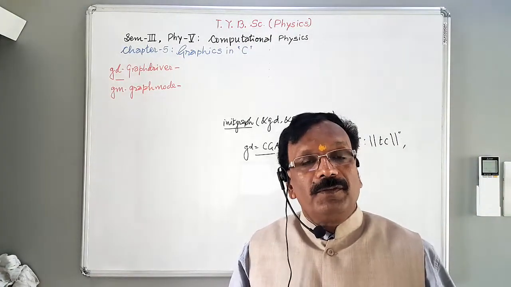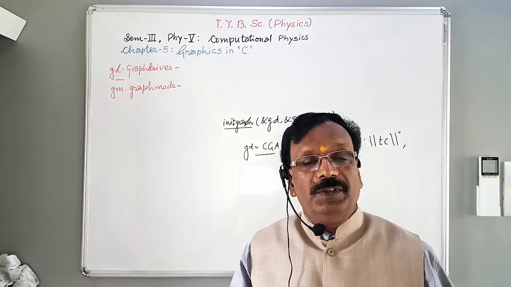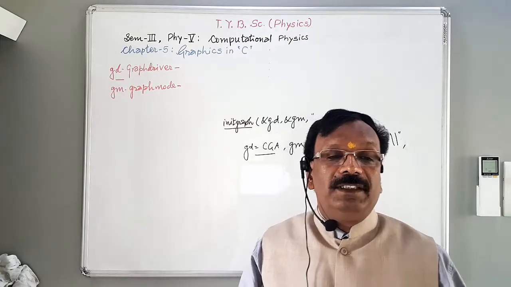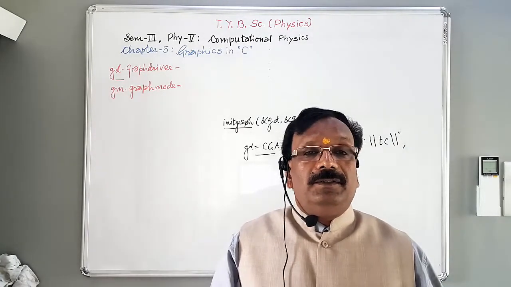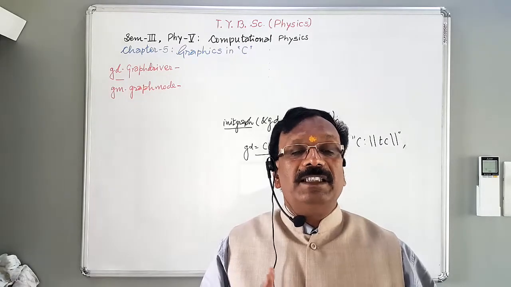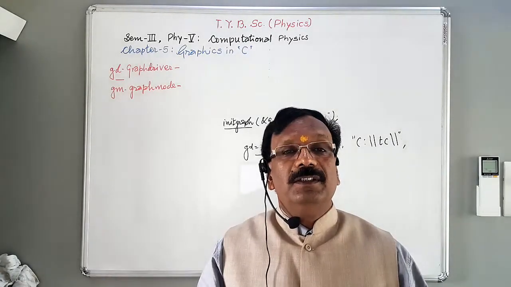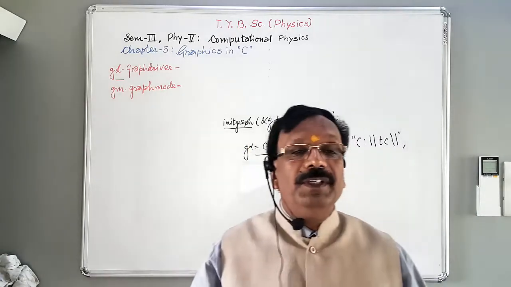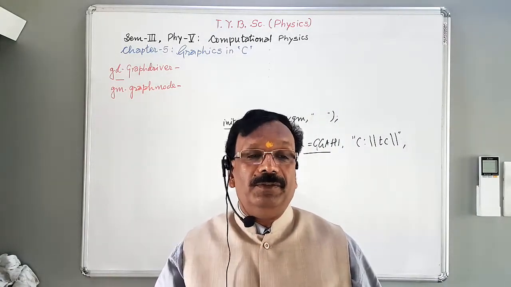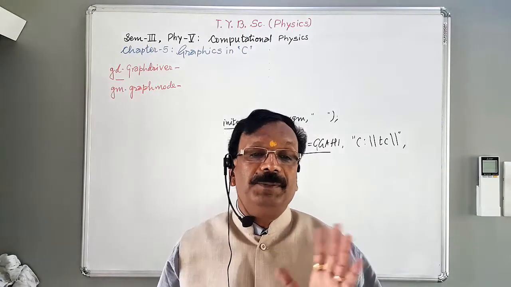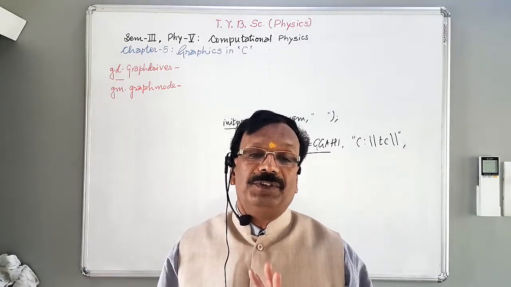Okay, now what is graphic driver? I already told you that for graphic driver we use an integer value, and that integer value specifies the graphic driver to be used.